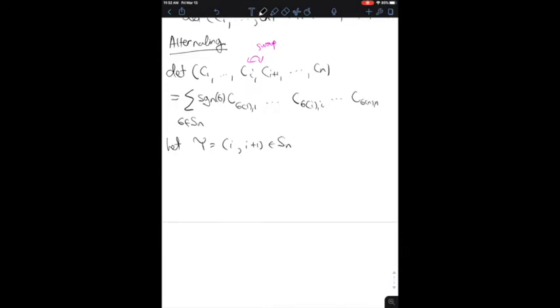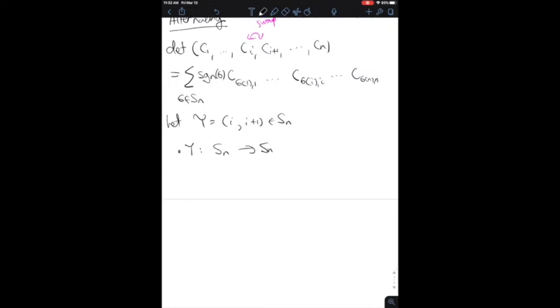If you multiply by the transposition, you get a bijection from Sn to Sn. So let's pre-multiply by the transposition; then we would get a bijection.